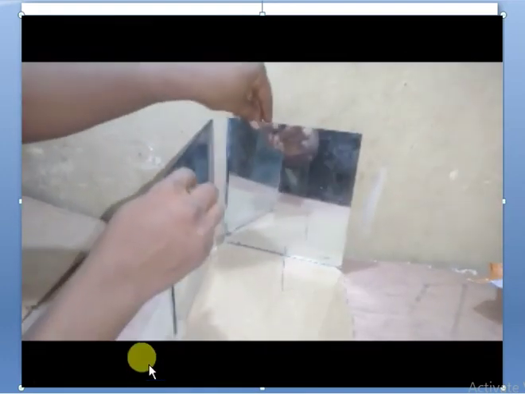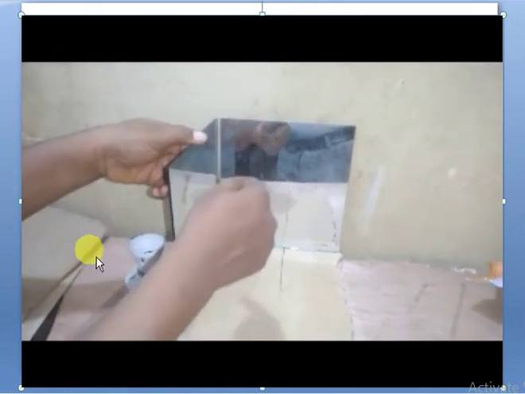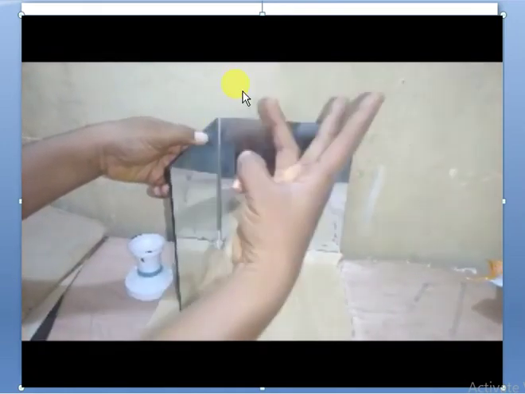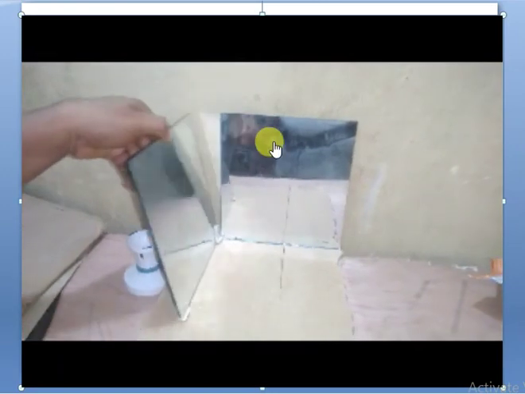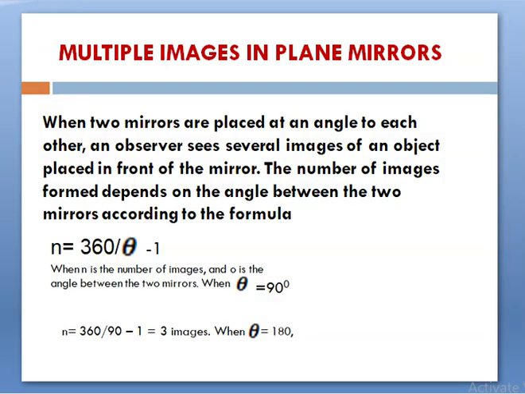You have only one image. But when they are perpendicular, you have how many images? 1, 2, 3 images. So you can see that the number of images you are going to obtain when two mirrors are inclined depends on the angle of inclination.